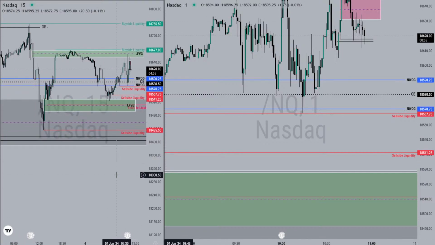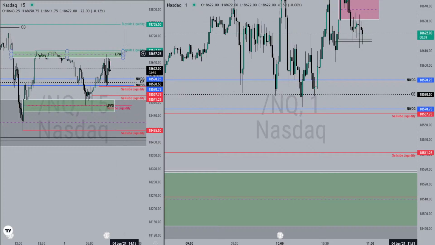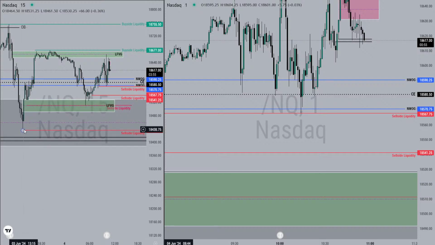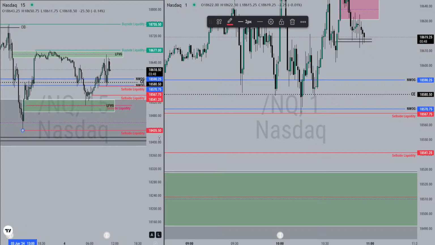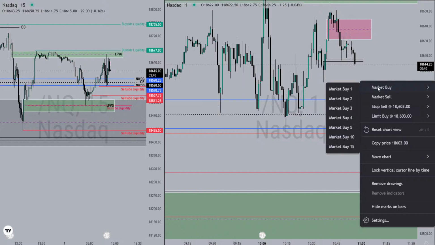If the market is overzealous, most of them will trail their stop loss and be stopped out, then the market will take the sell side liquidity, the low of Monday, 18435.50. That's my expectation. After taking that, I'll be happy.